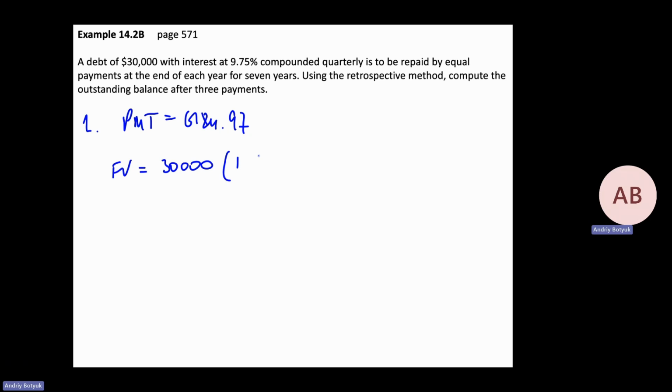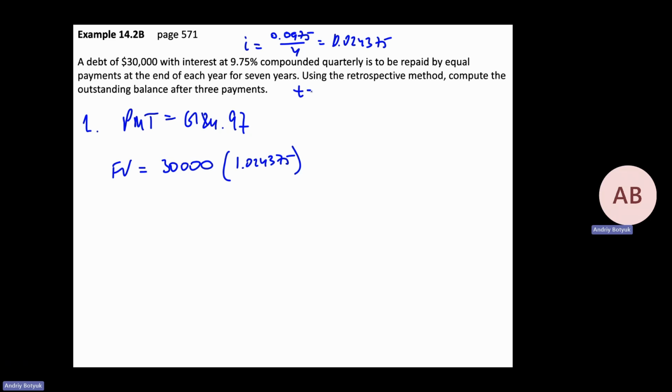Option number one, I can use I, and let's do it. What is I? 0.0975 over 4, that's 0.024375. So now, we are computing the outstanding balance after 3 payments.